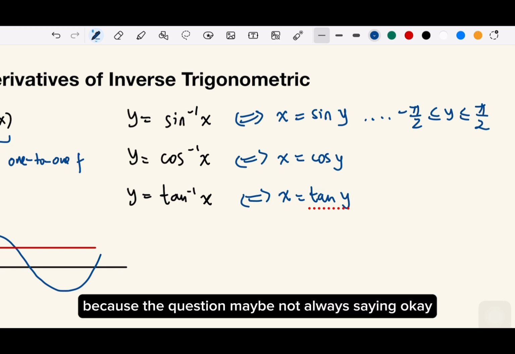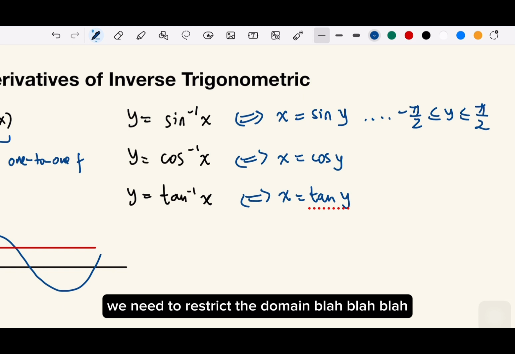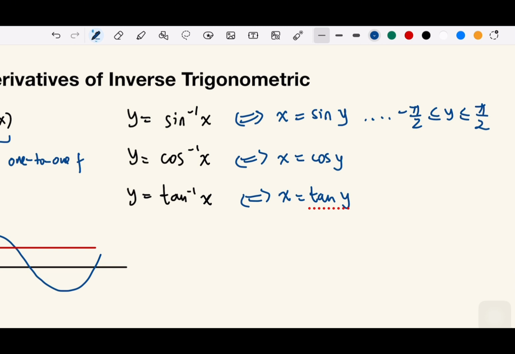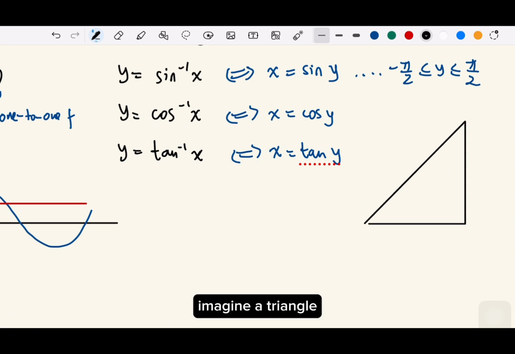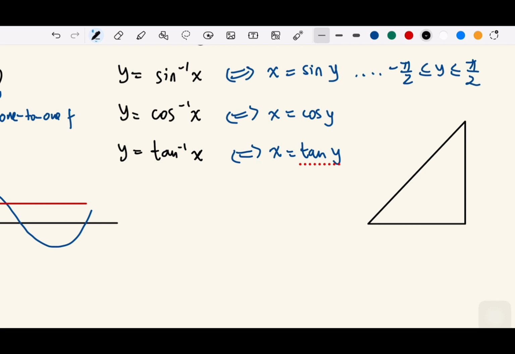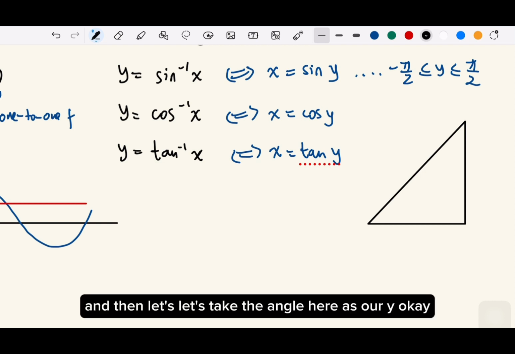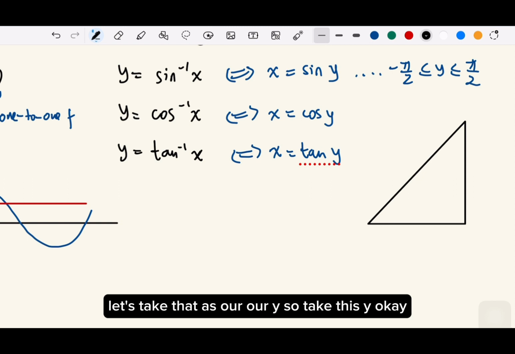Because the question may not always say, okay, we need to restrict the domain. So we need to have a definition first that it needs to be restricted in the domain. Okay. So by taking this angle, we can easily imagine a right triangle. And then let's take the angle here as our y.